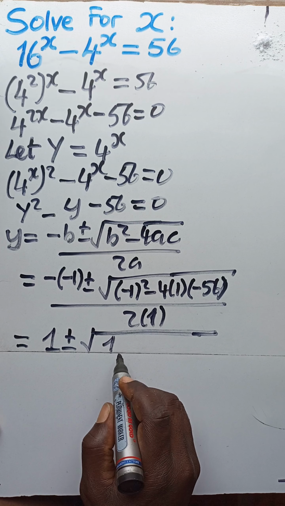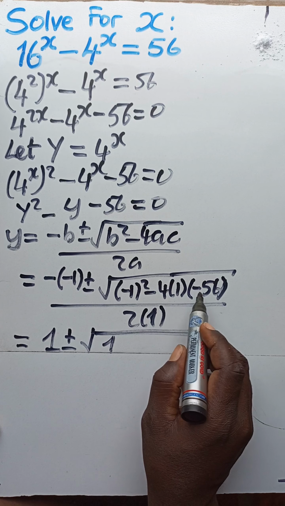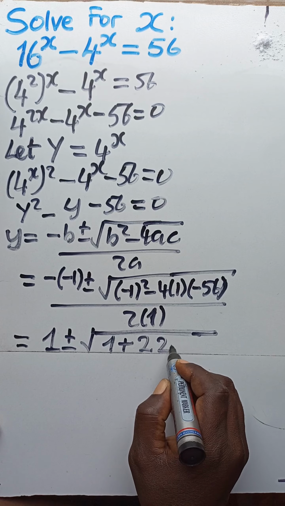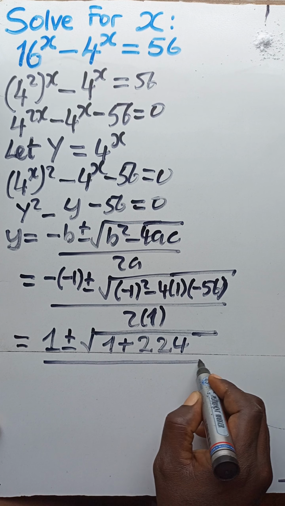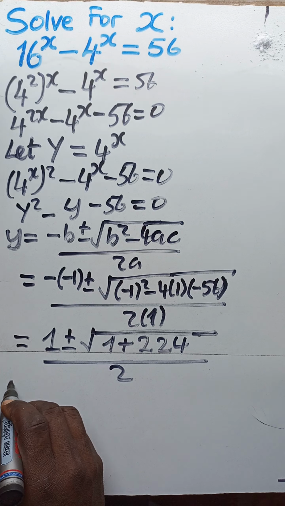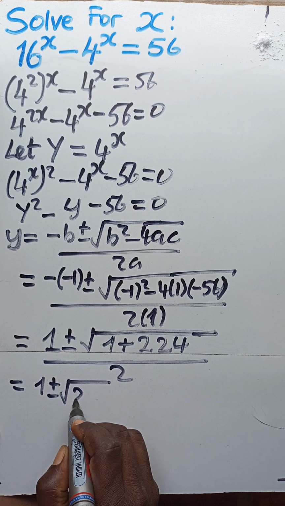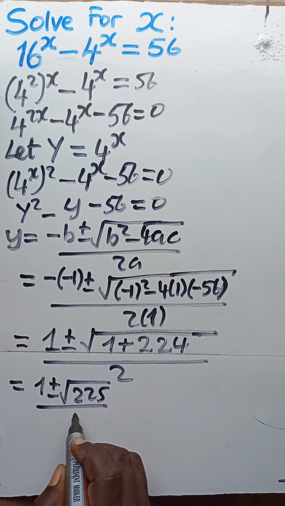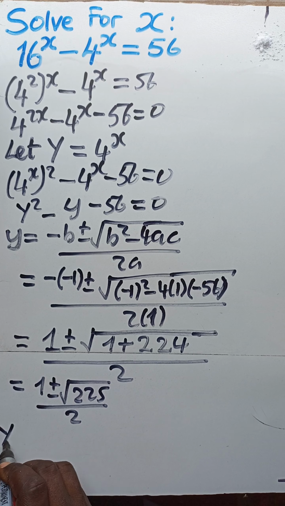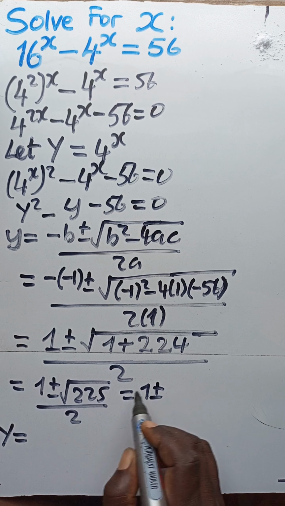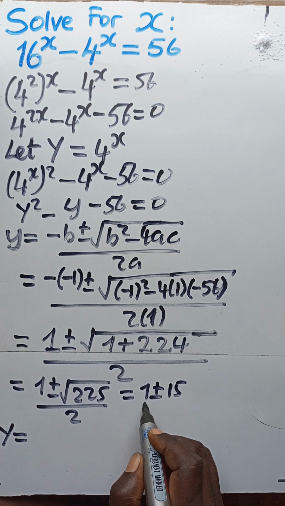Negative 1 squared is 1. Negative times negative, positive. 4 multiplied to 56 is 224. All of that divided by 2. So this gives us 1 plus minus the root of 225 all over 2. So y is equal to 1 plus minus root of 225 is 15.